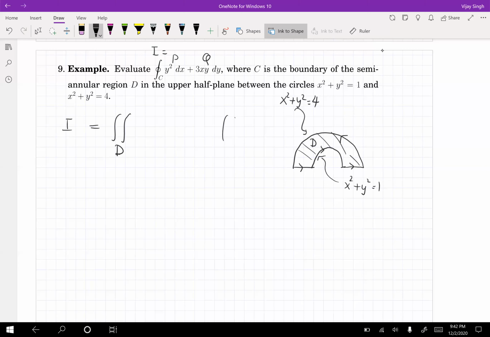So by Green's theorem, let me write that down, this is going to be dou Q by dou x, which is 3y, minus dou P by dou y, which is 2y, dA, which is going to be the integral over region D of y dA.